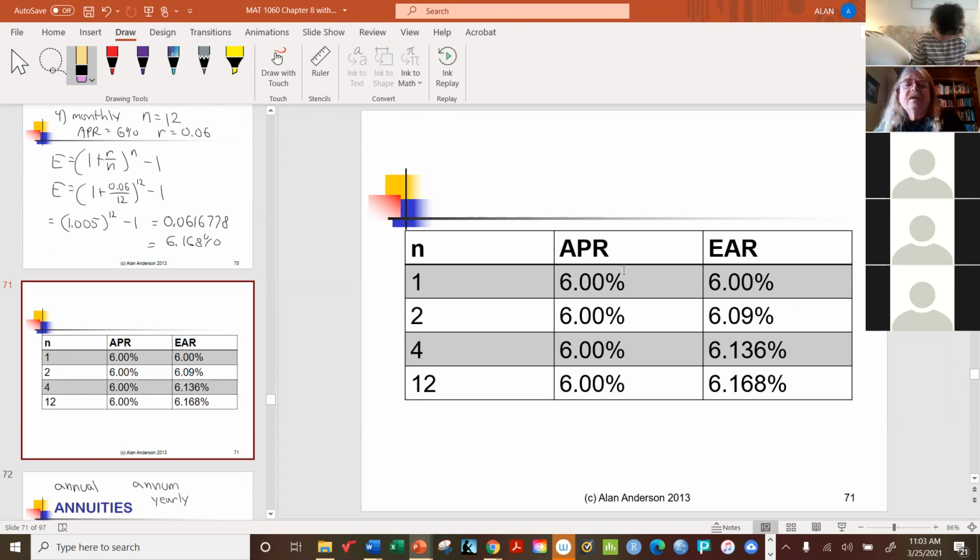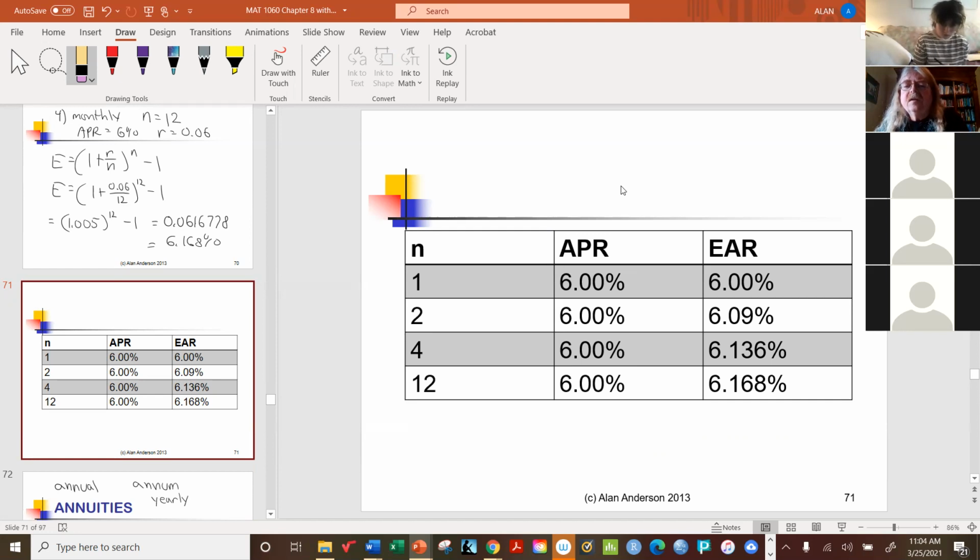So why am I mentioning this? Because with credit cards, where the APR can be quite high, the difference between the APR and the EAR can be extremely significant. And in fact, in the video that we're about to watch, they make exactly that point.